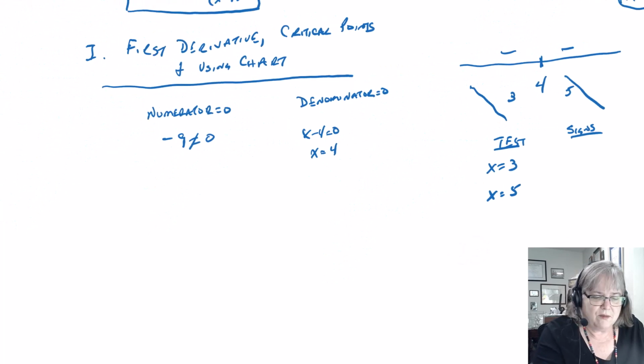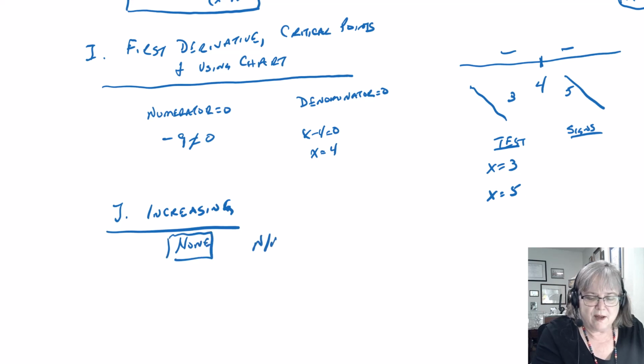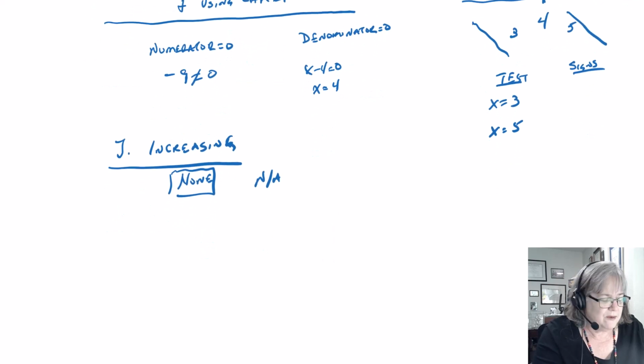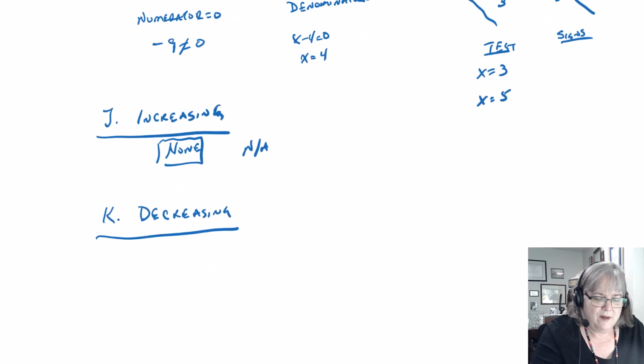All right, so next question. Where is it increasing? It isn't. There are no places. Some people say not possible, whatever, decreasing. And so it's decreasing to the left of 4 and to the right of 4.